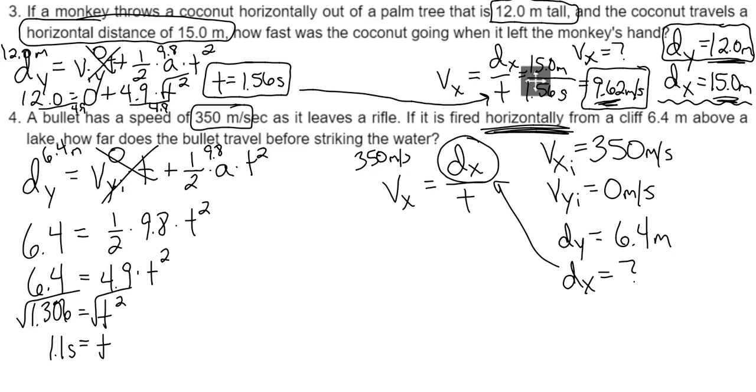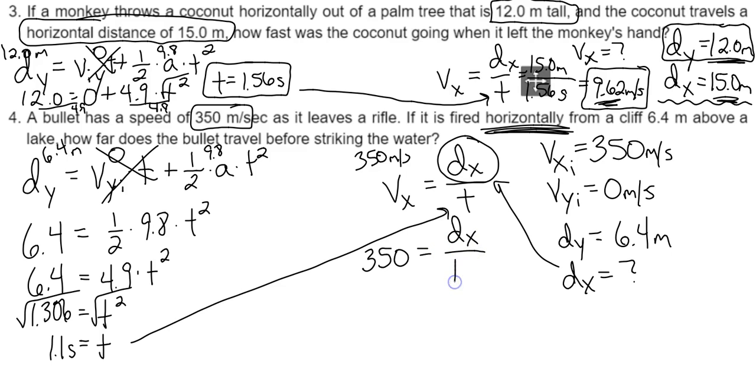I then plug that in to this equation. 350 meters per second is equal to the distance in the x direction divided by 1.1 seconds, the time that it spends in the air. So I just multiply both sides by 1.1. And so I do that, and 350 times 1.1 gives me about 385 meters.